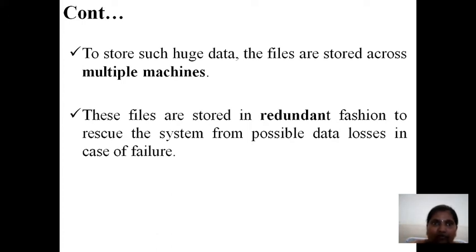If one is lost, another may be there. If the second one is also lost, the third one will be there. So whenever we use the third one, automatically there is a recovery of the first and second copies. Recovery is going to replace the lost ones with new ones. So high availability is the main feature of the HDFS. In order to make this highly available, we should maintain multiple copies of the same data at different locations.